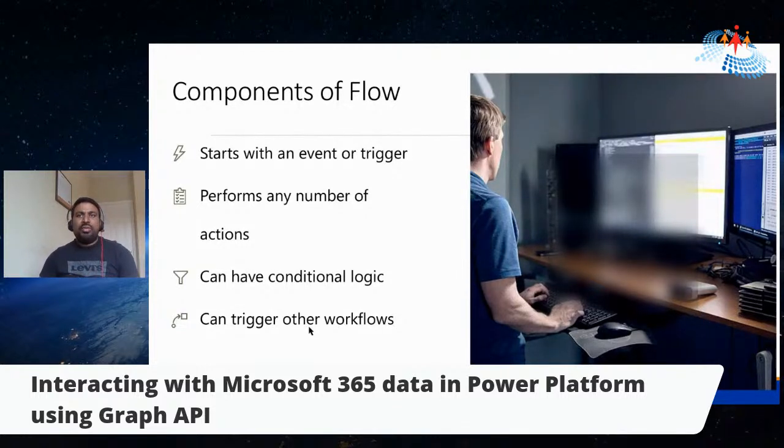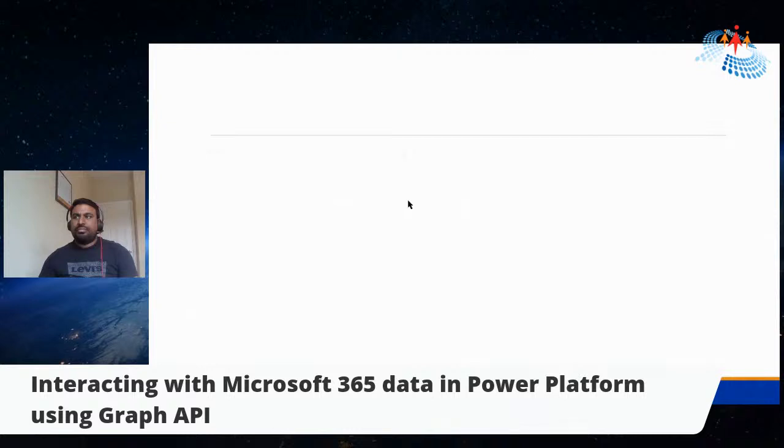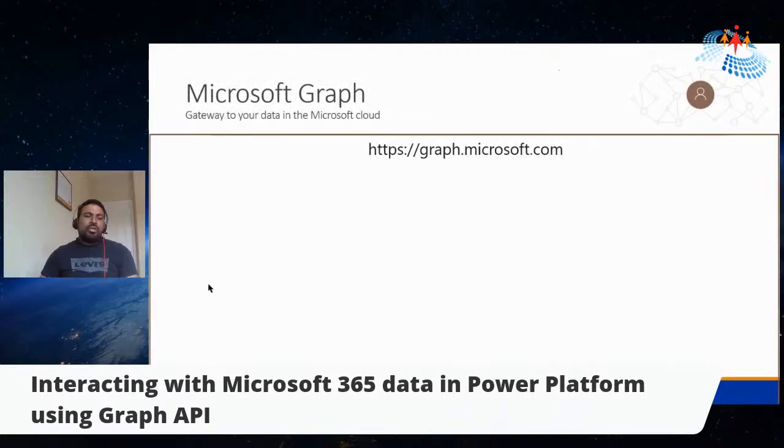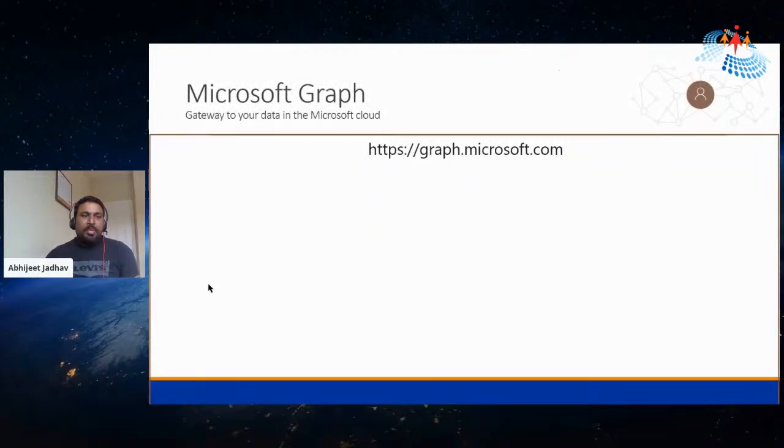Now to the other side of it, we'll talk about the Microsoft Graph API. Microsoft Graph API is called the gateway to your cloud in the Microsoft 365 world. It is the gateway for your data and intelligence in Microsoft 365.